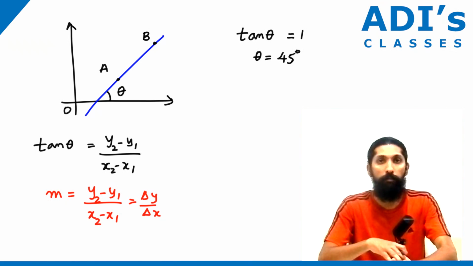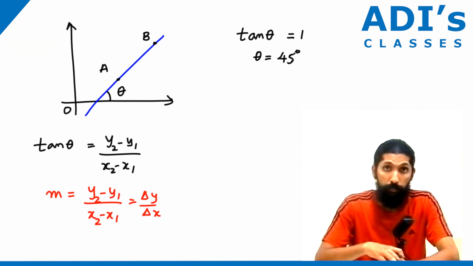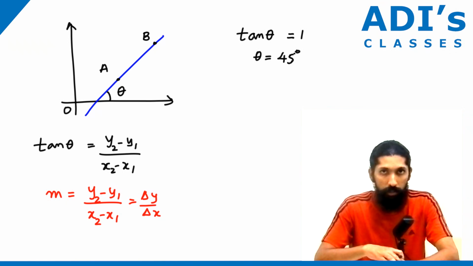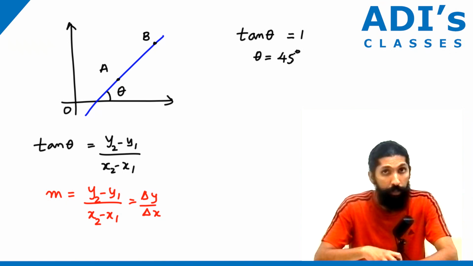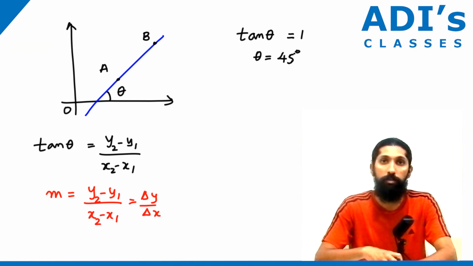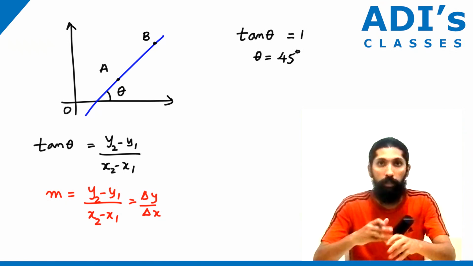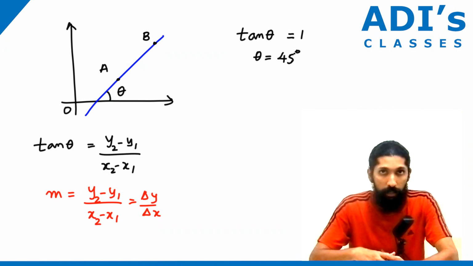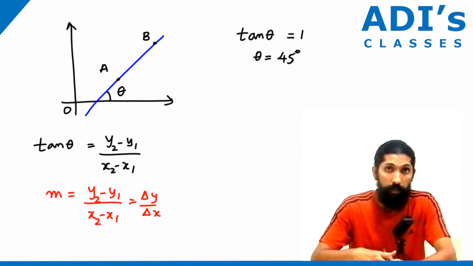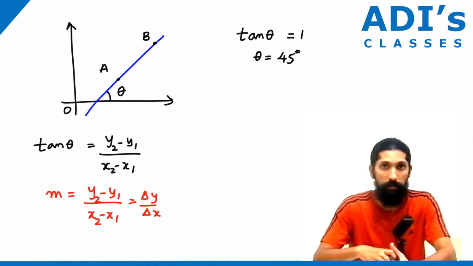So, mathematically speaking, you understand that it's at 45 degree. But whenever we look into straight lines, and especially straight lines in coordinate geometry, it's more than just a mathematical way of solving. You have to also think about it in an intuitive way. That means you have to start visualizing things, like this is how it is, this is what is going to happen. Now, this exactly is what I mean by the word orientation of the line with respect to the axis.